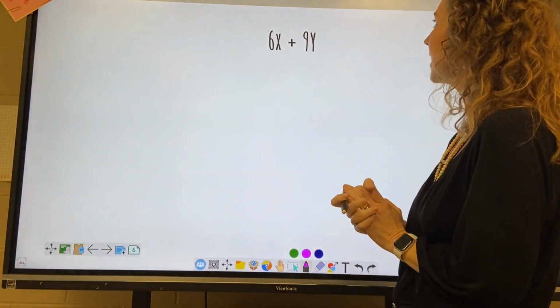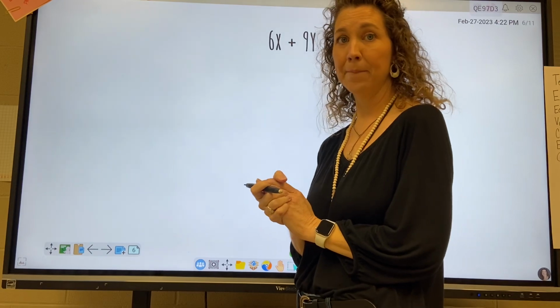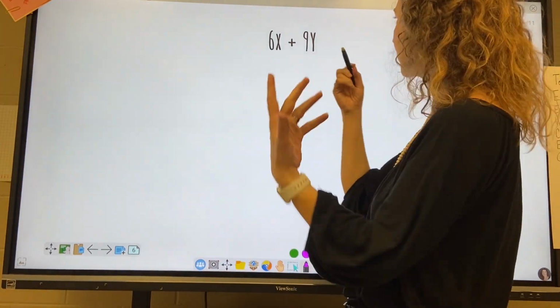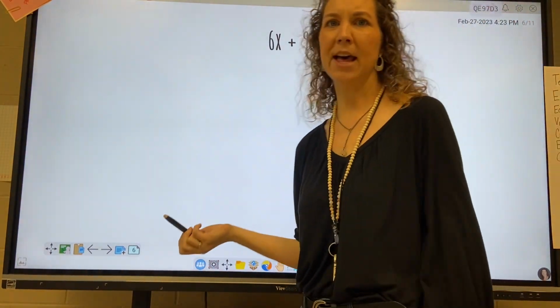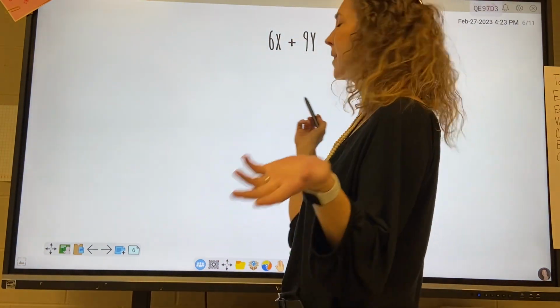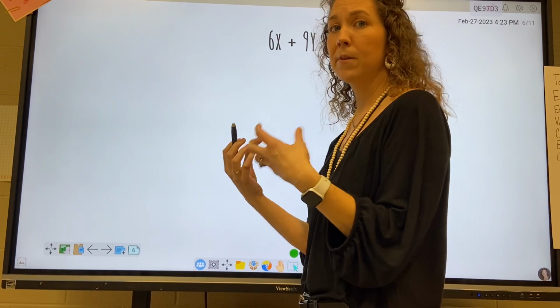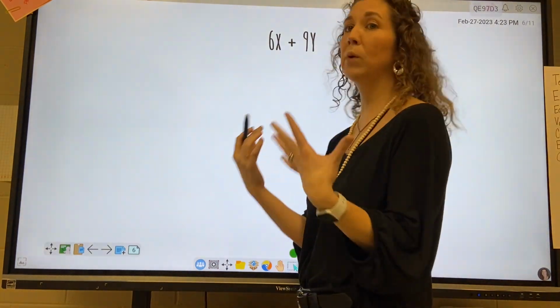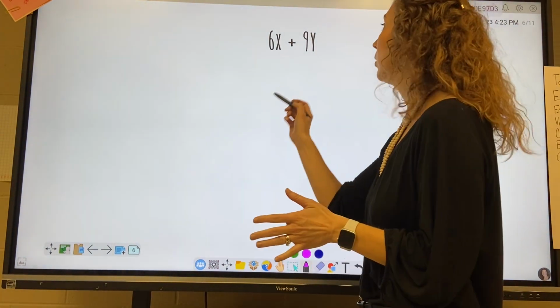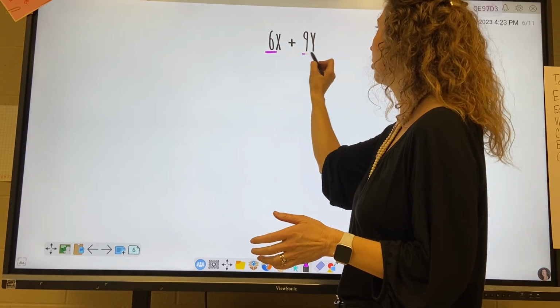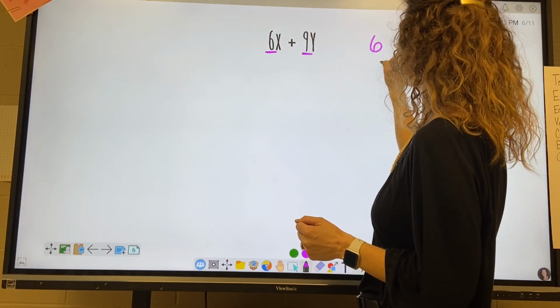Okay, we have 6x plus 9y. So let's say that x is some xylophones, and y is some yo-yos. Okay, we want to make groups of xylophones and yo-yos. So if we break it down, we're looking for the common factor for 6 and 9.